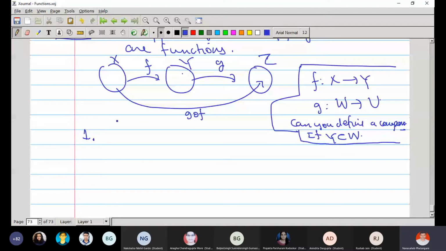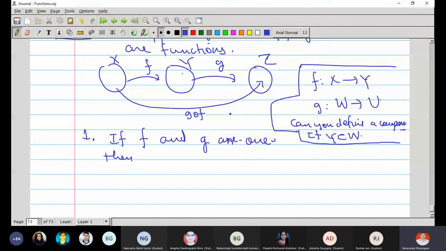So if F and G are 1-1, then is G composite F 1-1? This could be a question, right? If both of the functions F and G are 1-1, can the composition be a 1-1 function?